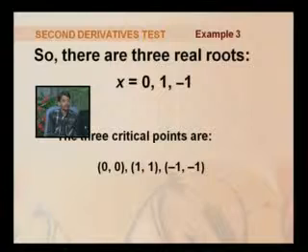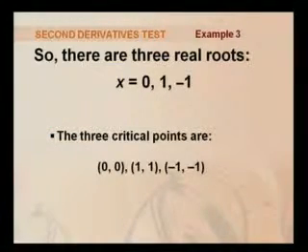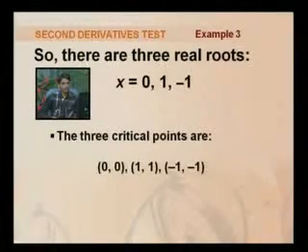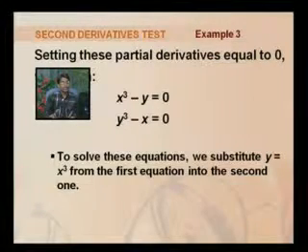By solving this we get 3 real values of x, which are 0, 1 and minus 1. So we will get 3 critical points, as we know that x cube is equal to y.